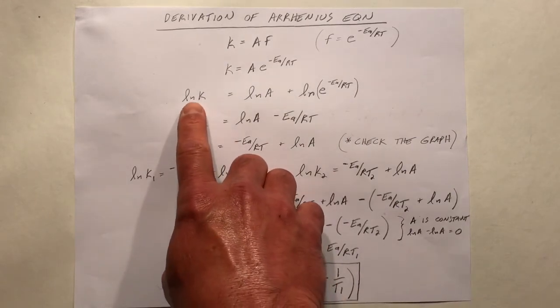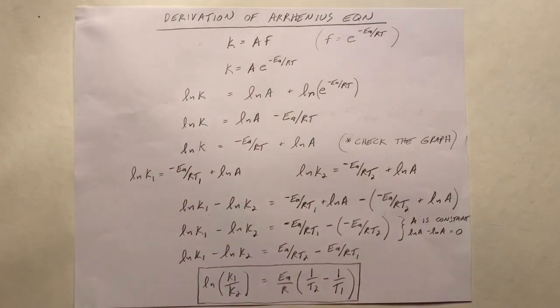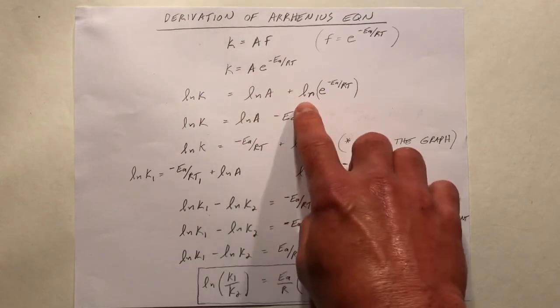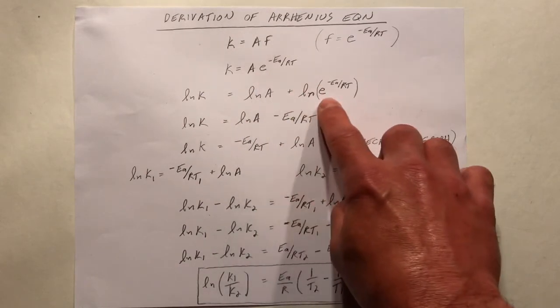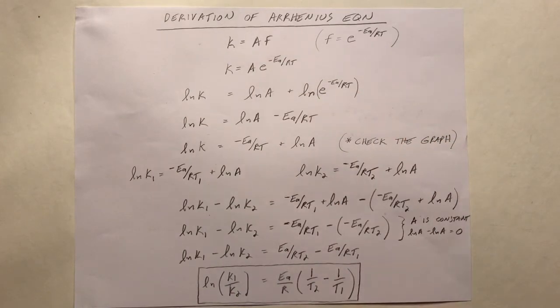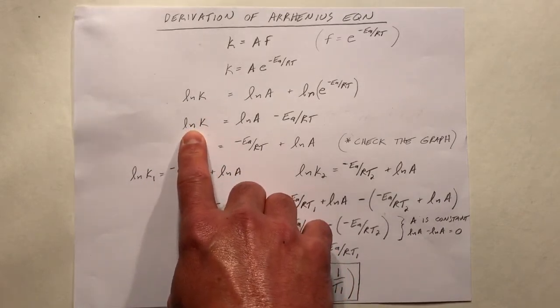Now, what we're going to do is take a natural log of the left-hand side and of the right-hand side. So a natural log of k is equal to a natural log of A, plus a natural log of e to the negative EA over RT. Natural log of k will just carry down here on the left-hand side.